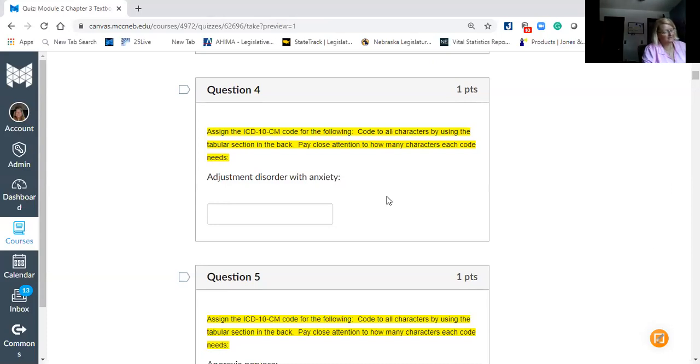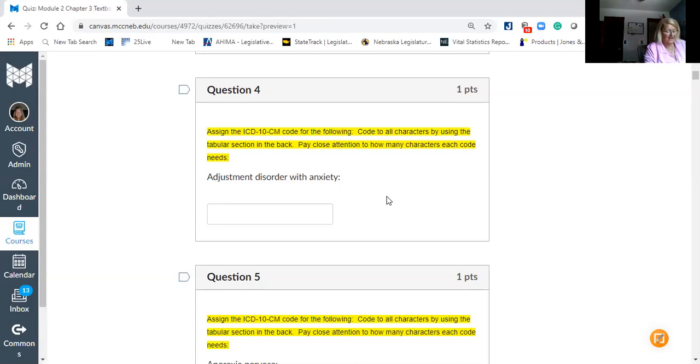Let's try that. Okay, disorder, I have it on page 109 in my alpha index. Disorder, go down to adjustment, and we need with anxiety. Now, it doesn't say anything with depressed mood. It just says with anxiety. So find your code.